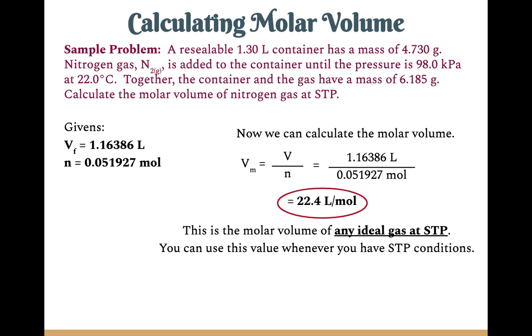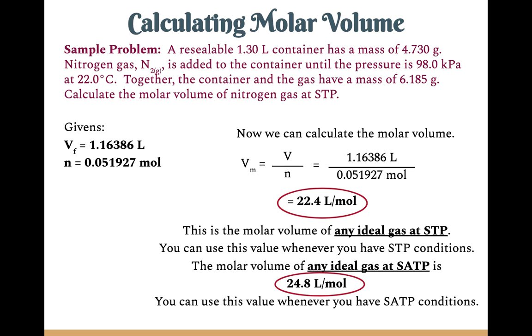So you can use that value in a question whenever you have STP conditions. If you have any other conditions, that number is going to change. For SATP, the number is 24.8 liters per mole. So whenever you have SATP conditions in a question, you can use the value 24.8 liters per mole. Okay, and those numbers will be provided to you for any assessments.